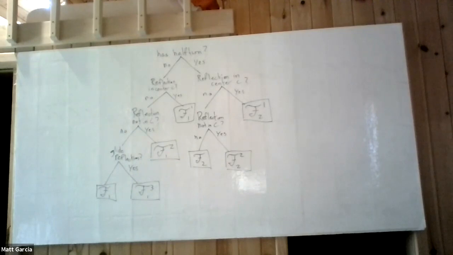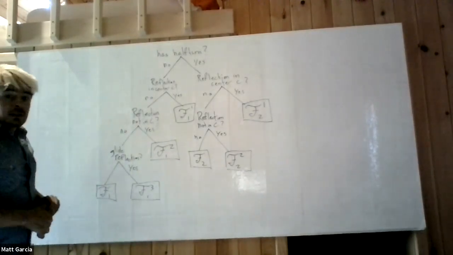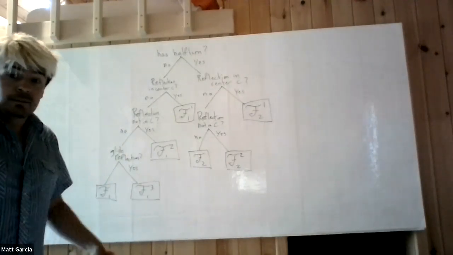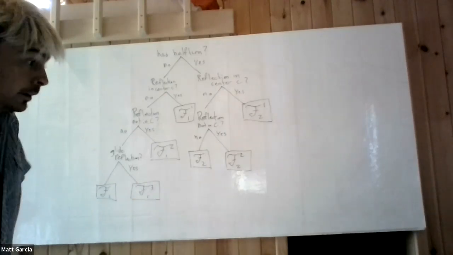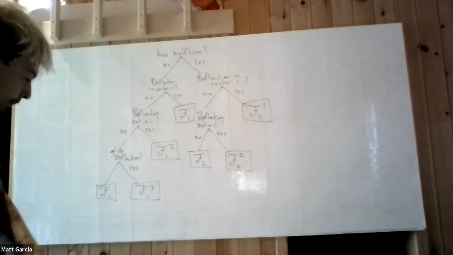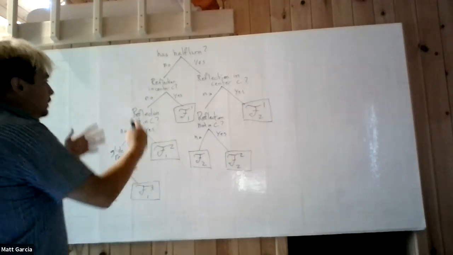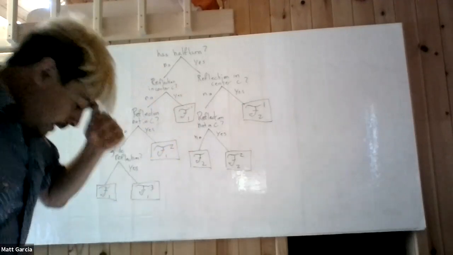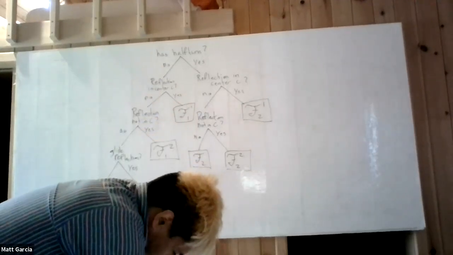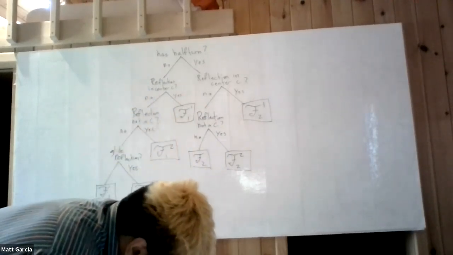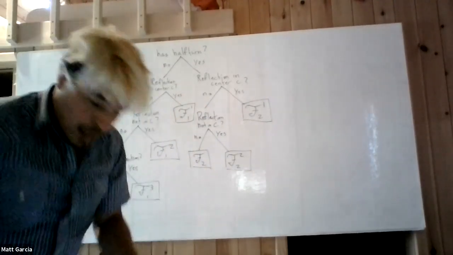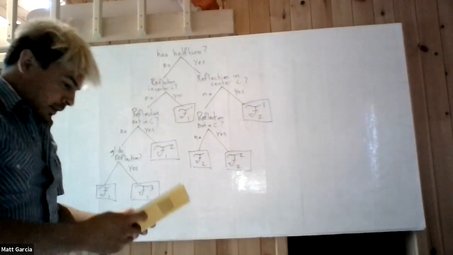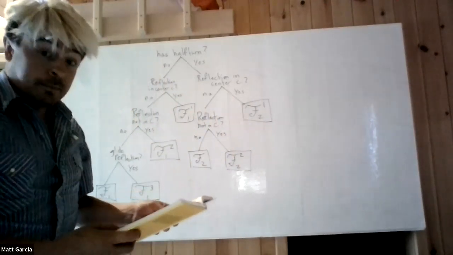Okay. So this is how you effectively check what frieze group a given pattern has. You just have to look for these types of symmetries and follow the flowchart. So why don't we take 5 minutes here, and if you have your textbook with you, look on page 83.